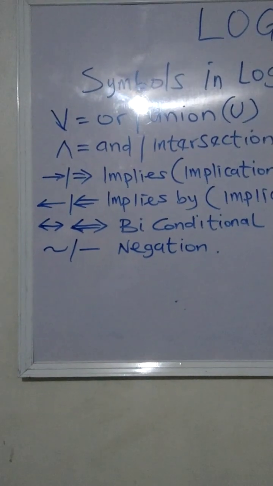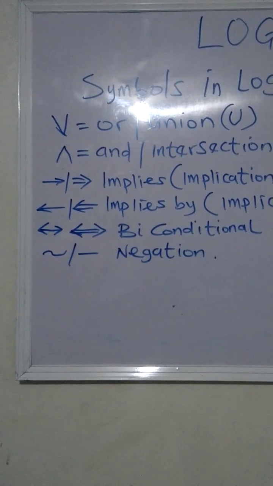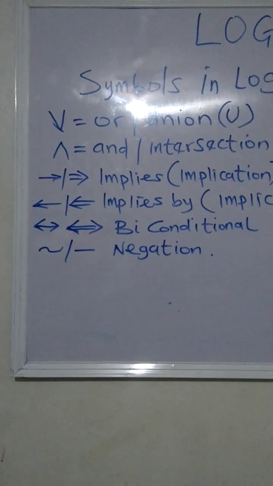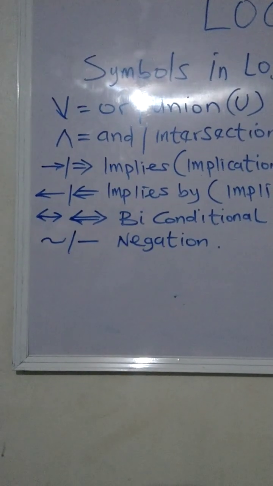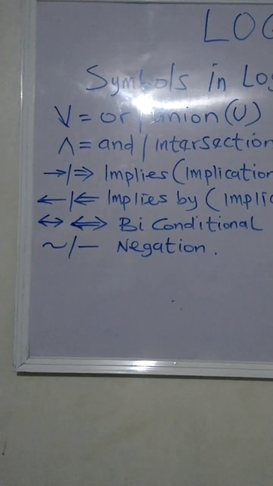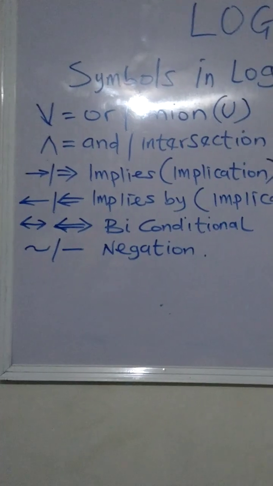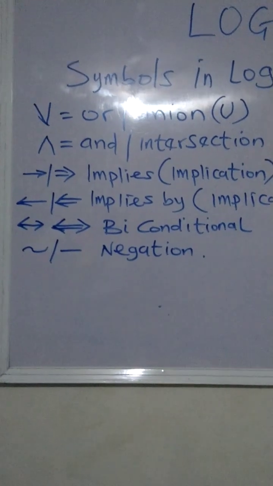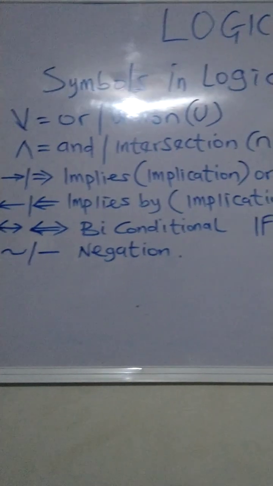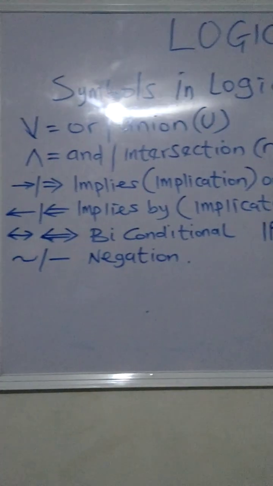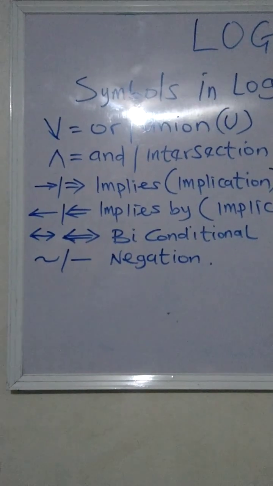And we have an arrow pointing towards the right, which is the third one. It can be one arrow or two arrows, but pointing towards the right. That is the third symbol, and it is denoted as implies.